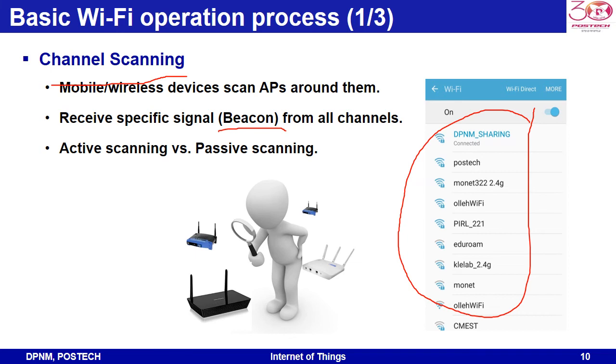A Wi-Fi device can use one of two ways to scan available channels, active and passive. During an active scan, the client radio transmits a probe request and listens for a probe response from an AP. With a passive scan, the client radio listens to each channel for beacons sent periodically by an access point.